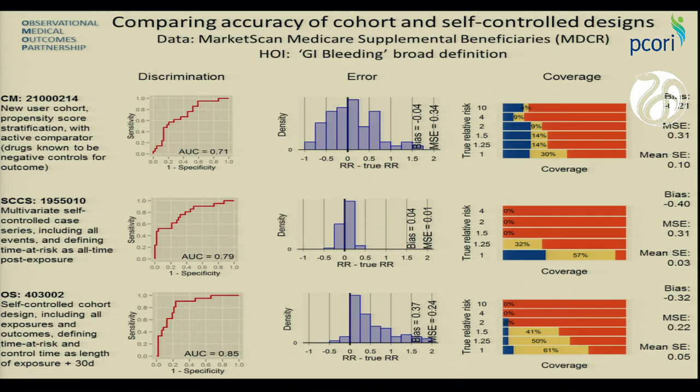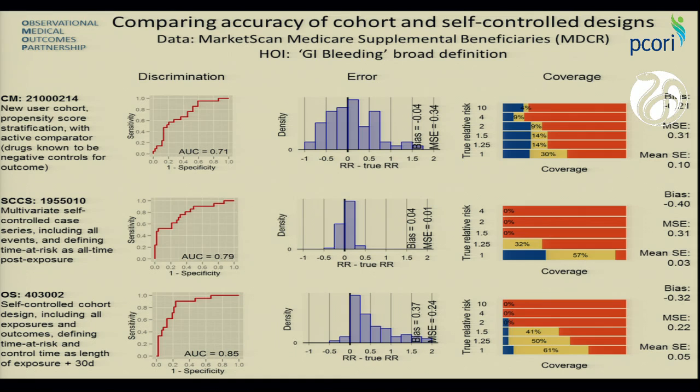The columns are different performance metrics. The first column shows you discrimination through an AUC or ROC curve. The second column shows you error, which you can use to understand quantified bias. And the third column shows you coverage probability, where what you'd like to see is that the methods had 95% coverage, with only 2.5% on the left-hand side and 2.5% on the right-hand side.